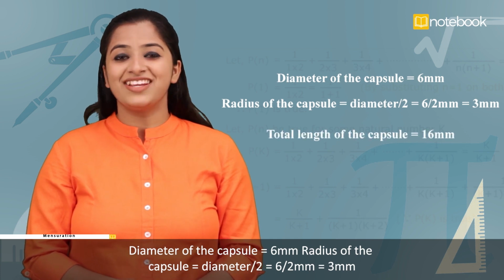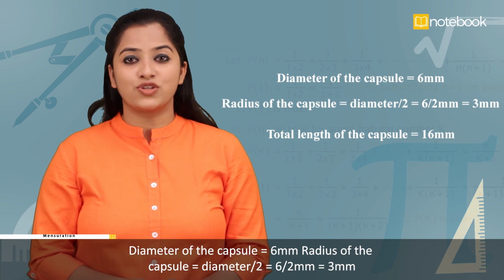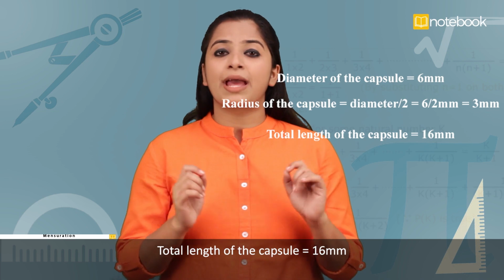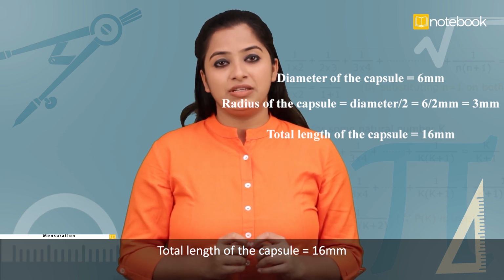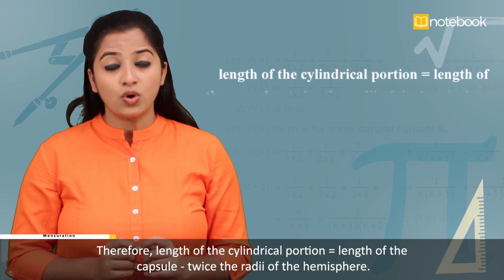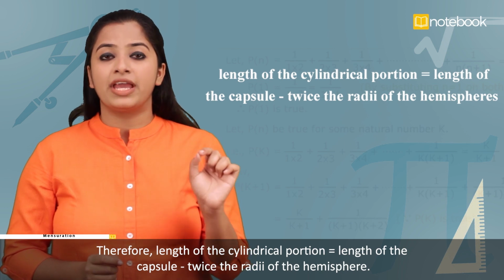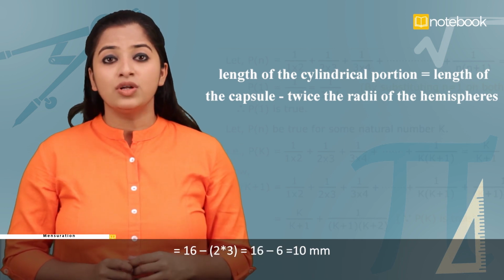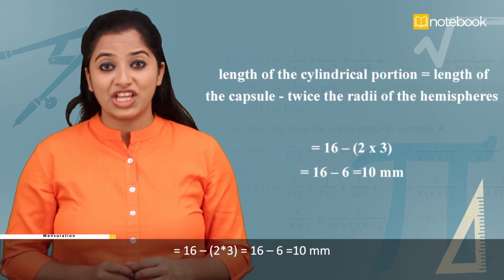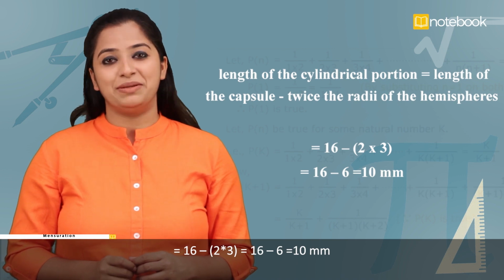Radius of the capsule is equal to diameter by 2, which is equal to 6 by 2 mm, which is equal to 3 mm. Total length of the capsule is equal to 16 mm. Therefore, the length of the cylindrical portion is equal to the length of the capsule minus twice the radii of the hemispheres, which is equal to 16 minus 2 multiplied into 3, which is equal to 16 minus 6, which is equal to 10 mm.